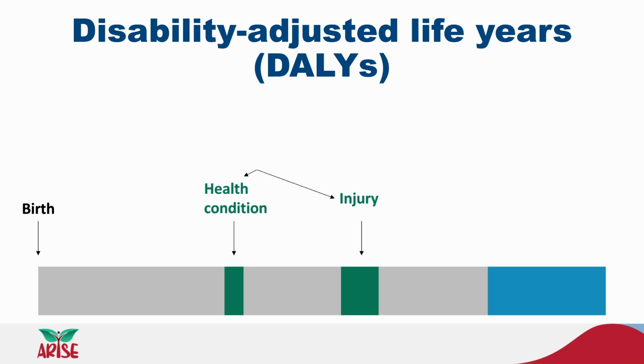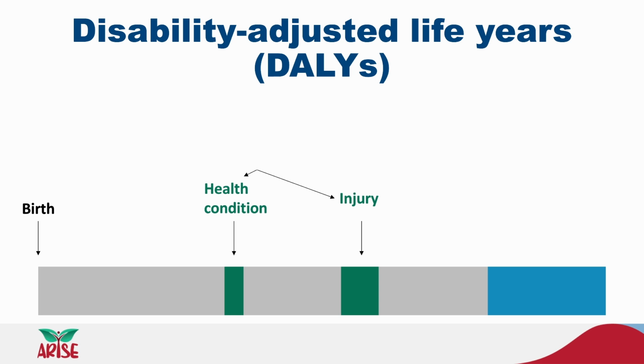In reality, we all experience many more such periods of poor health, whether it is due to a twisted ankle, a mild cold, or something more serious such as a cancer or a chronic condition like depression or diabetes.